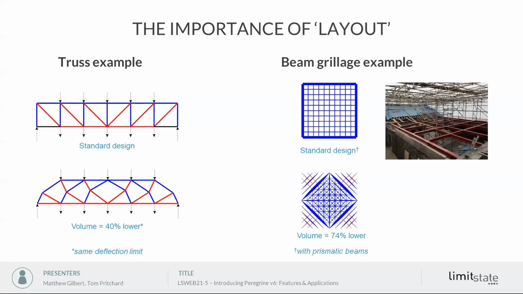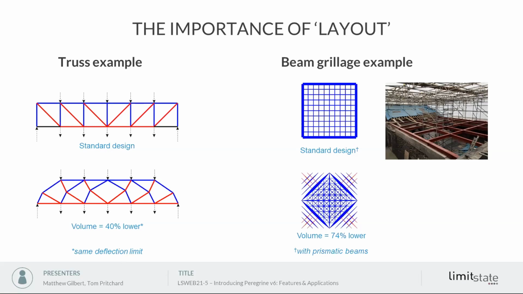In addition to trusses, there are many other aspects of the structure that we might be interested in. So, for example, in buildings, we typically use arrangements of orthogonal beams forming the floor plate, but we can use optimization to show that we can significantly reduce the amount of material if we're prepared to move to different layouts.